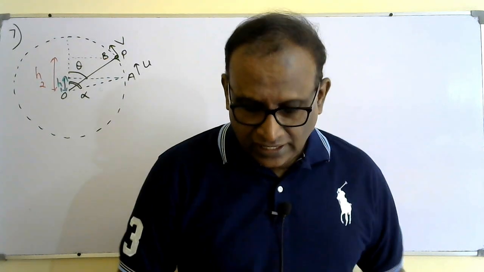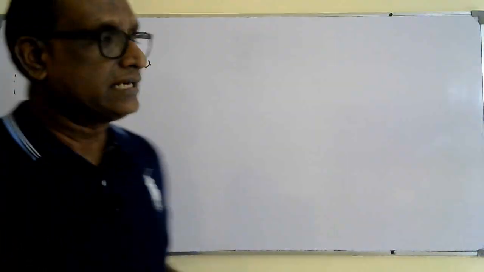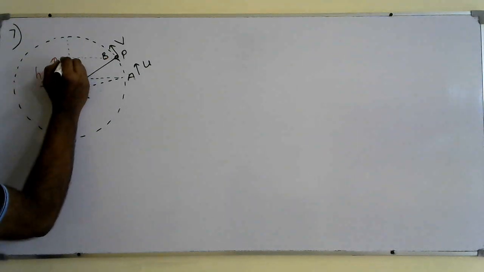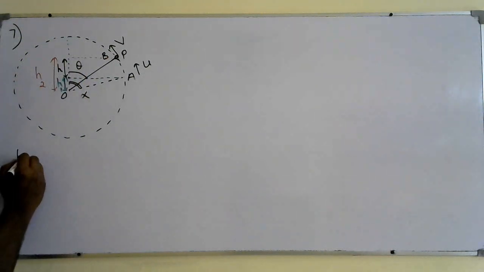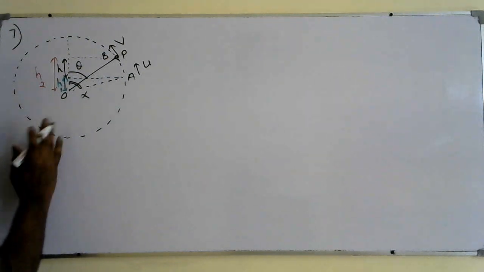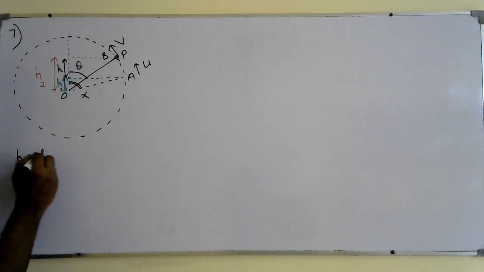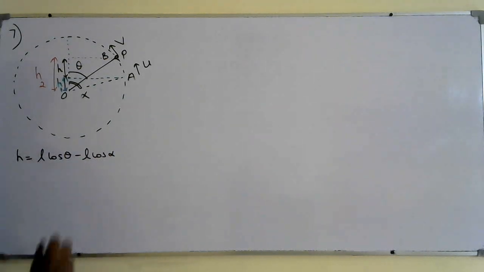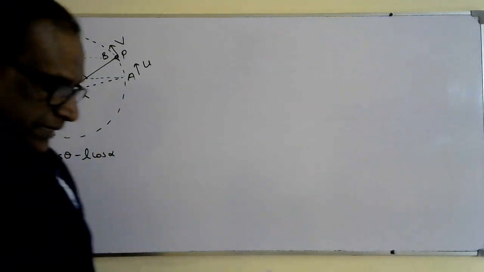That is H, the vertical displacement of the particle when it moves from here to here. So H equals L cos theta minus L cos alpha.